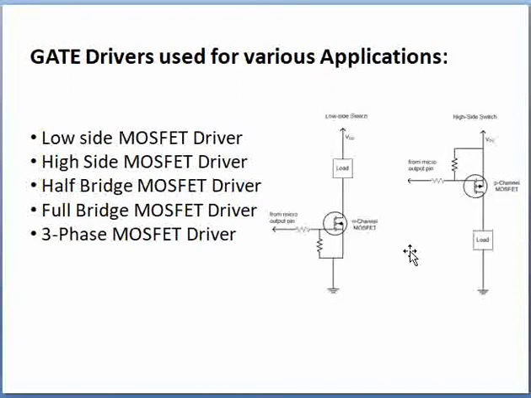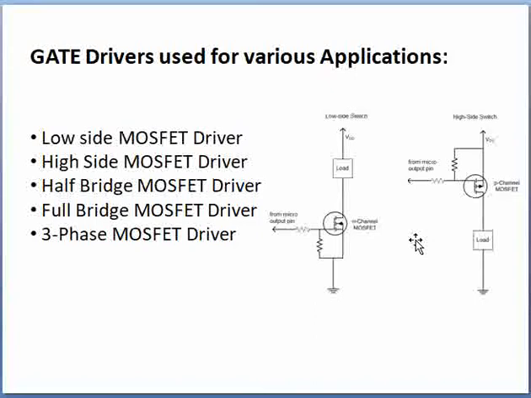So while driving these, we require a low side MOSFET driver and a high side MOSFET driver. Then when we go to solenoid kind of scenarios, we have half bridge MOSFET drivers. When we go to DC motor drivers, we need a full bridge MOSFET driver, and for AC motors we need three-phase MOSFET drivers.